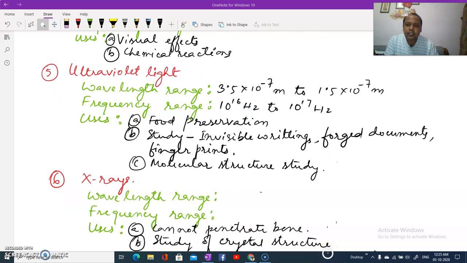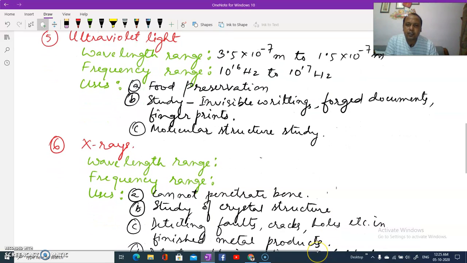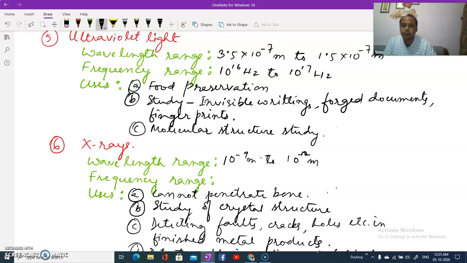Okay. Next is X-ray, where the wavelength range decreases and the frequency range also increases. Let me tell you the wavelength range here, I have not mentioned it earlier. The wavelength range is in the range of 10 raised to the power minus 9 meter to 10 raised to the power minus 12 meter.